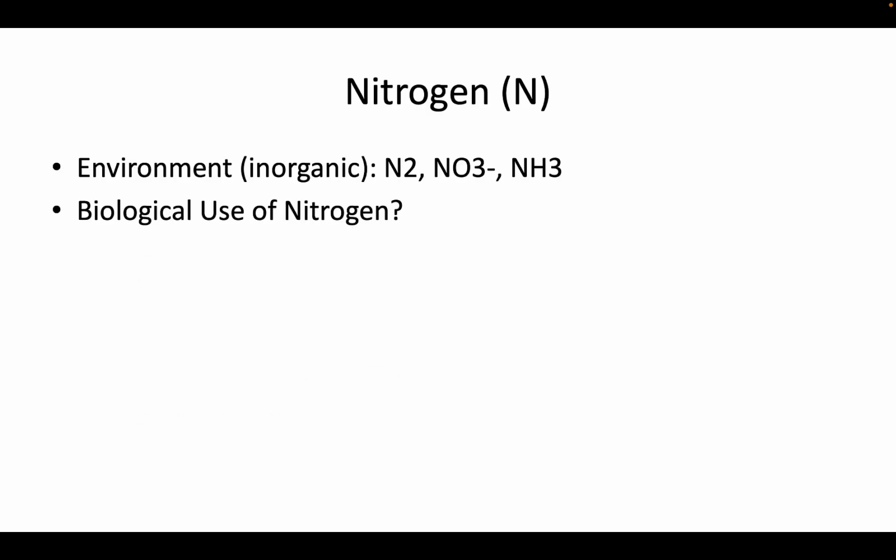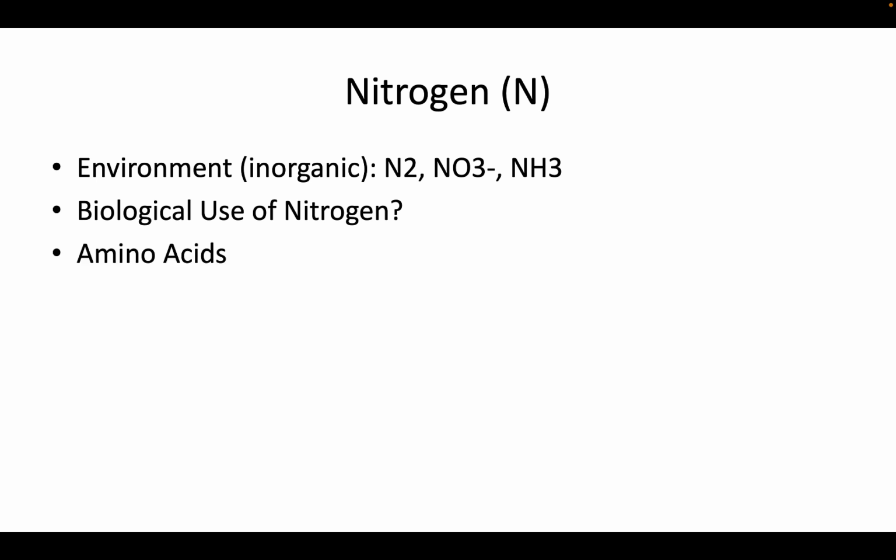There are many forms of nitrogen, and some are harder for organisms to use than others. N2 gas, for example, is hard for most plants to use, although some have symbiotic relationships that allow them to use it. NO3- and NH3 are more easily used by plants.